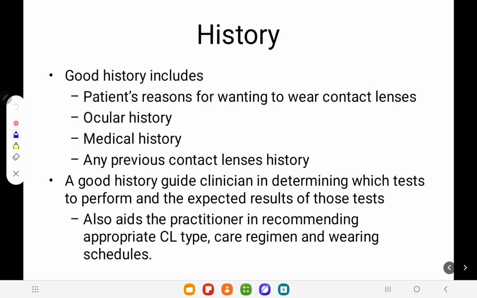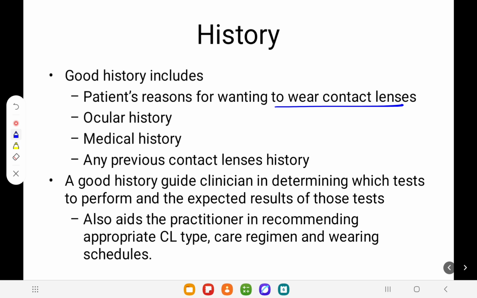So let's move further. History, as I have already discussed in my previous video, includes the patient's reasons for wanting contact lenses. We must know what the reasons are. For example, some patients want them for cosmetic reasons, some want to get rid of the spectacles, and some want to enhance or change their eye color for cosmetic purposes.